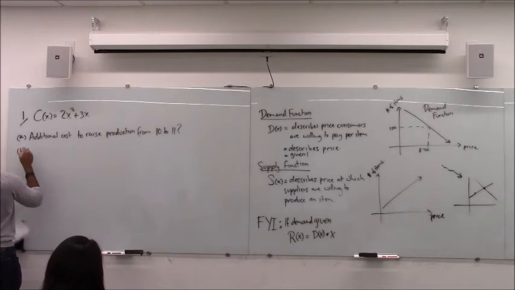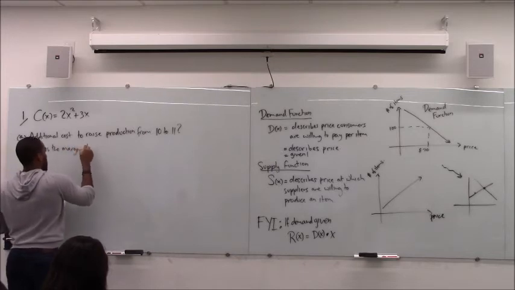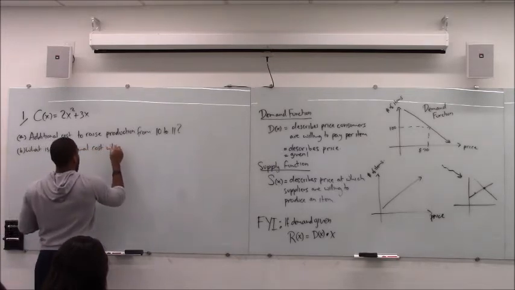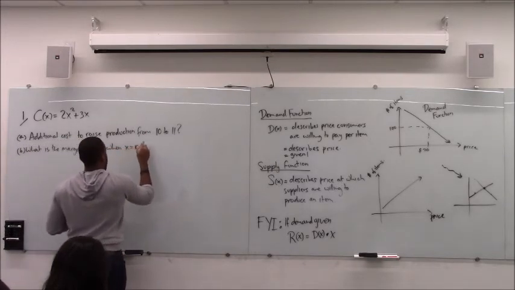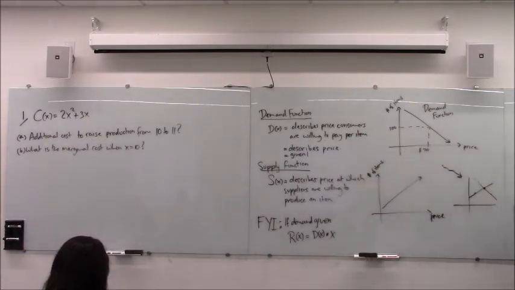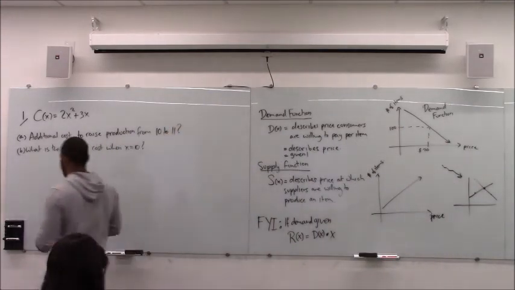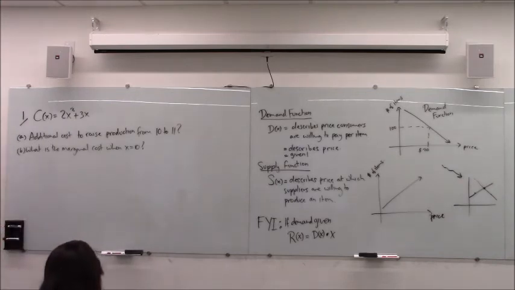Part B: what is the marginal cost when x equals 10? The idea is I want you to notice that those two things are in general very close to each other. And of course, 10 is nothing compared to the scale that we're normally looking at. So if these two things are close, it's actually pretty remarkable in and of itself.